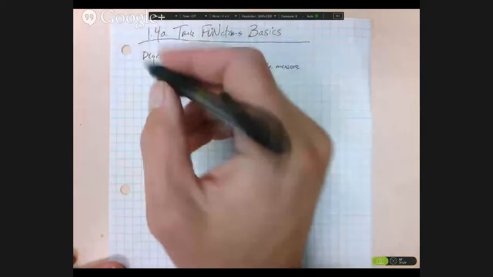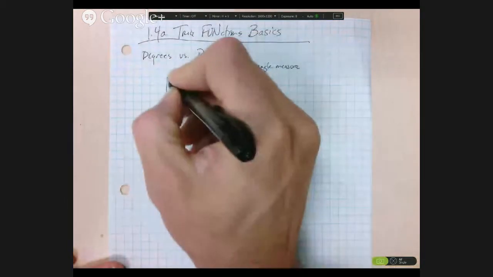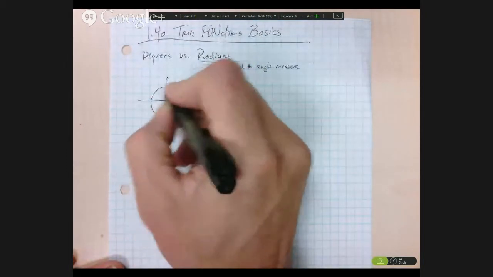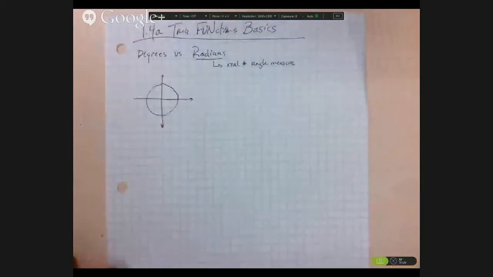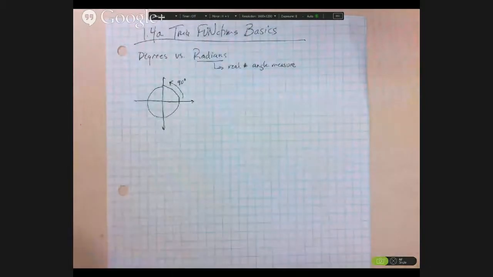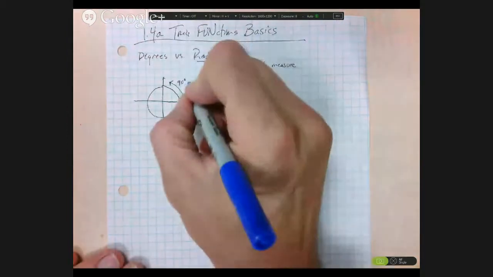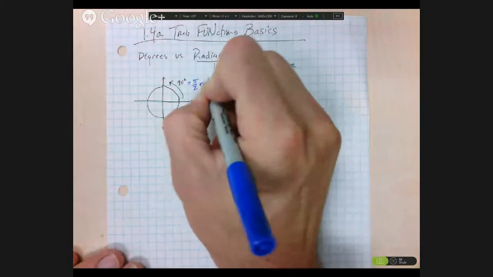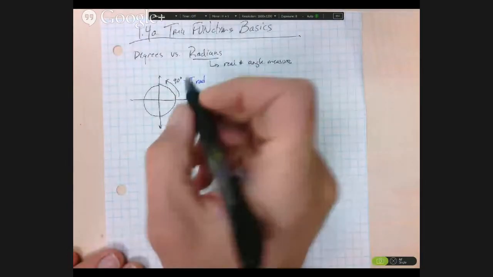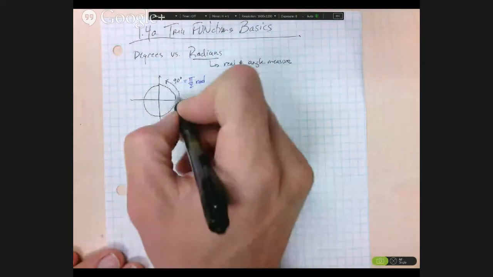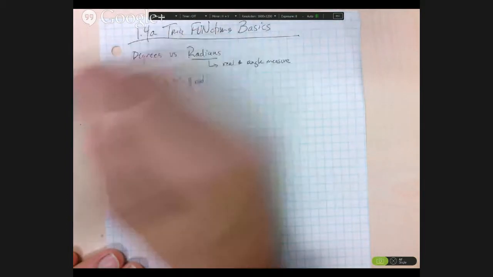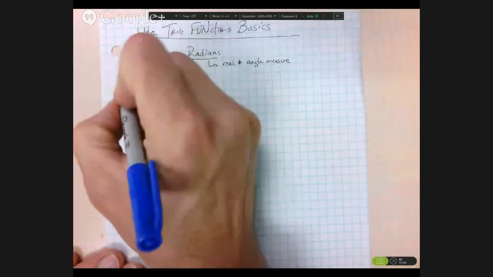Remember, we have a circle. 90 degrees is also pi over 2 radians. 180 degrees is pi radians.